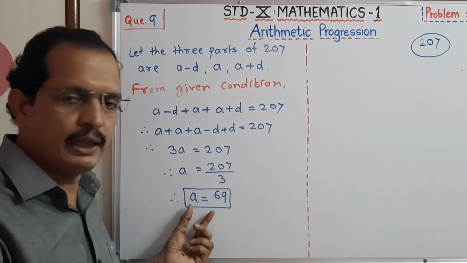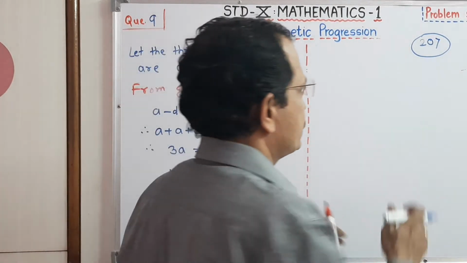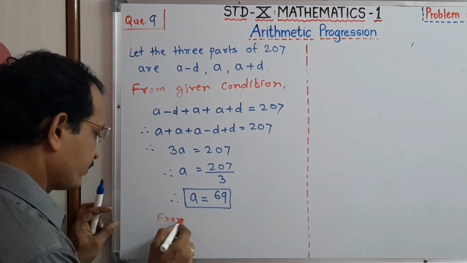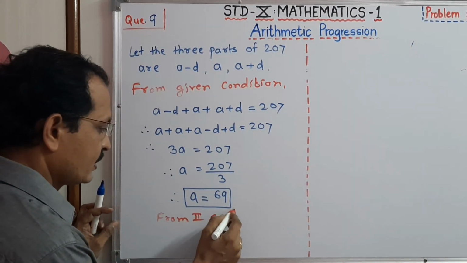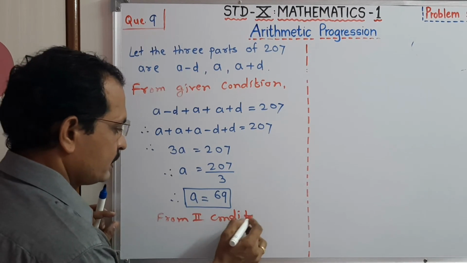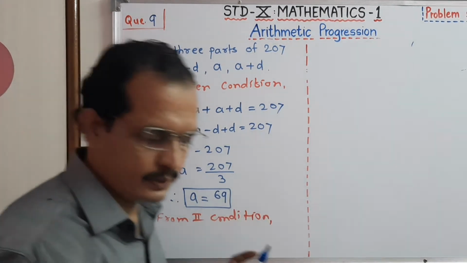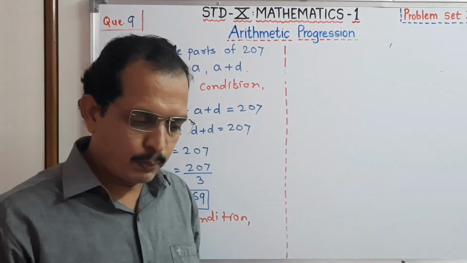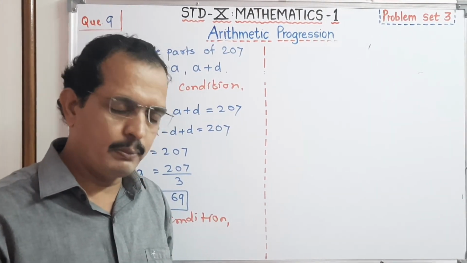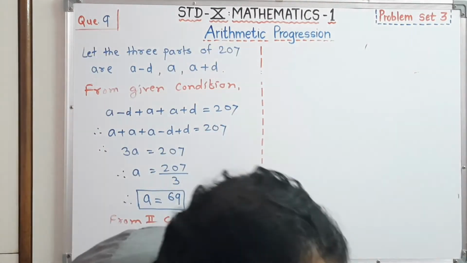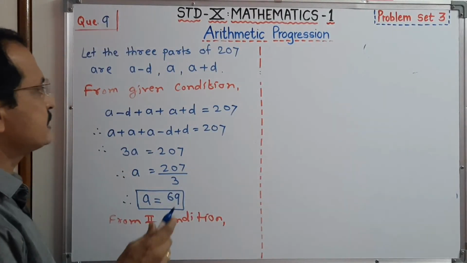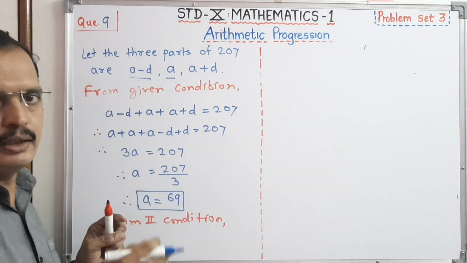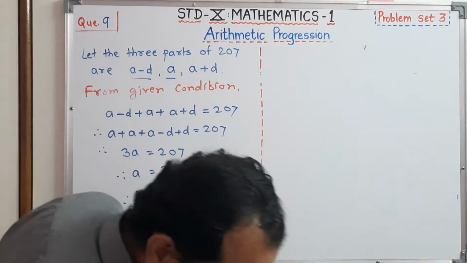Now from this we got A. Now see what is the condition. What is the second condition? The second condition is that the product of the two smaller parts will be 4623. Product of the smaller parts. That means these are the smaller ones, and the product of the two smaller parts.